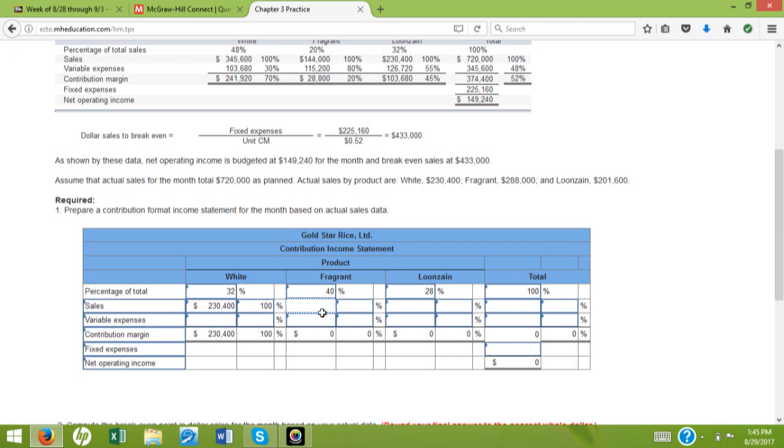For fragrant, it's 40% of $720,000. So that comes to $288,000. And again, that's 100% of the sales of fragrant rice. And 28% of $720,000 is $201,600 for lunzane.